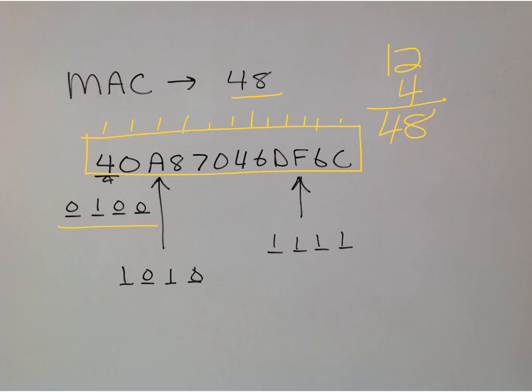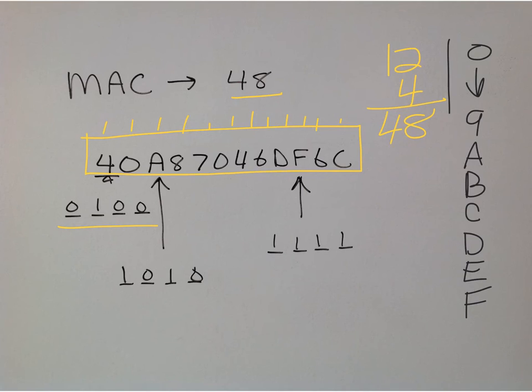Hexadecimal uses 16 digits. So you say, how does it do that? Well, it uses 0 through 9, and then 10 is an A, 11 is a B, 12 is a C, 13 is a D, 14 is an E, and 15 is an F. And that's why in the MAC address you get this variation.